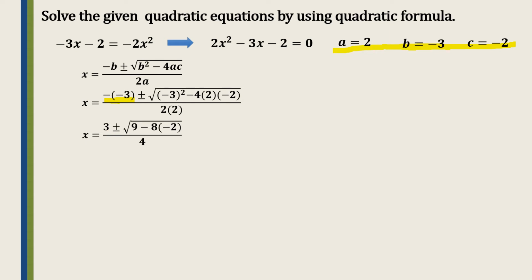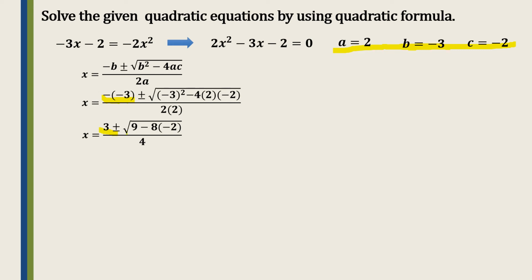Next, we will have now, tingin po, negative times negative, magiging 3. So, we have now 3 plus minus the square root of 9 minus 8 times negative 2 all over 4.